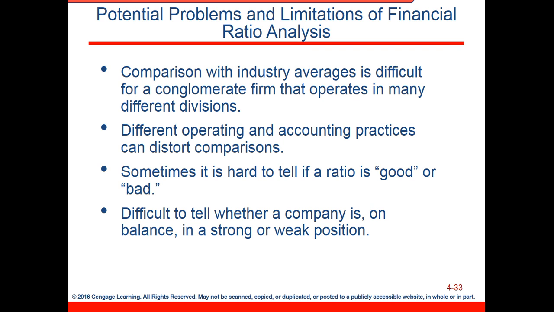Even though we are analyzing through trend analysis over the years, or comparing to the industry, sometimes it's hard to tell whether a ratio is good or bad. It's especially almost impossible to tell if the ratio is standalone and you don't have a context in which to compare it.